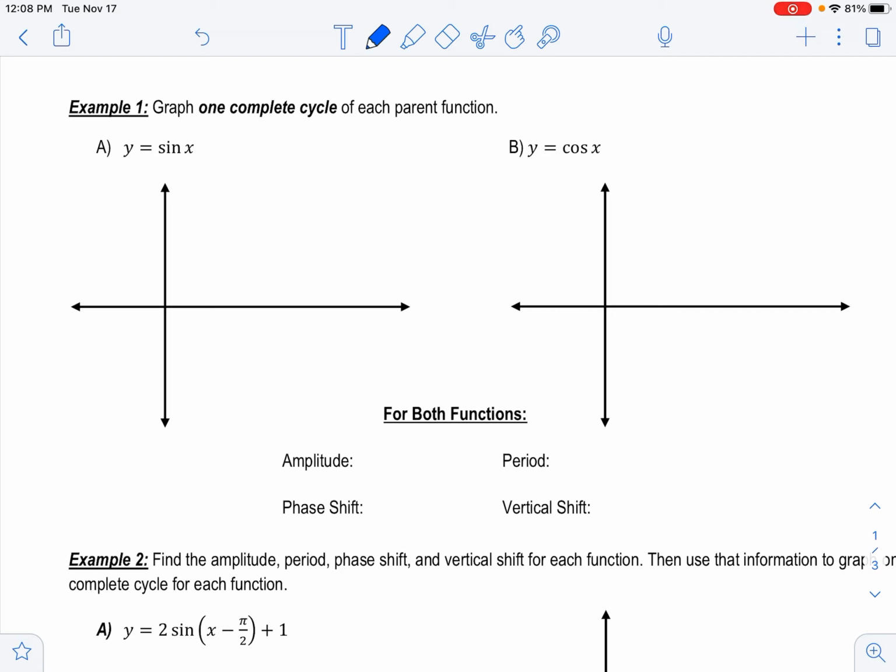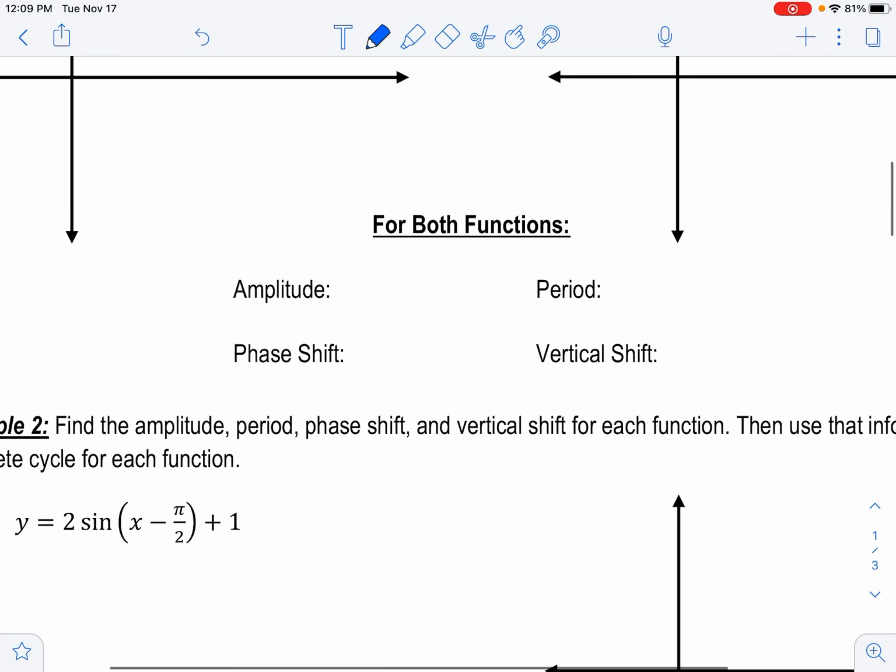So let's remind ourselves of what the functions look like first, okay? All of our directions are always going to say graph one complete cycle. So we're going to graph one complete cycle of the parent function. This is with no movement. So first thing that you're going to do is you're going to look to see where the graph starts and ends, okay? So this graph has no phase shift.